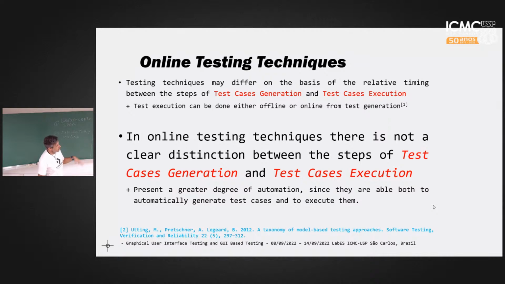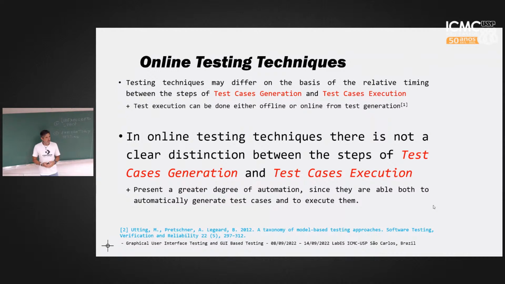If you remember last time, we talked about model-based testing. That is a sort of automation of testing. Thanks to model-based testing, we can automate some steps of the testing process, such as the generation of test cases and the execution of test cases.